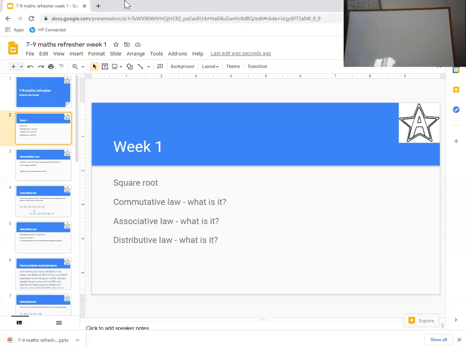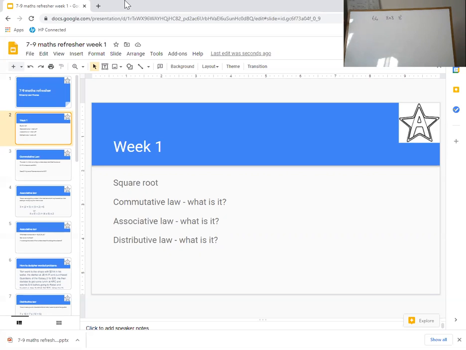How many times do I have to multiply a certain number by another number to get, say, 64? Another way of writing 64 is 8 times 8, or 8 squared, hence the square root.